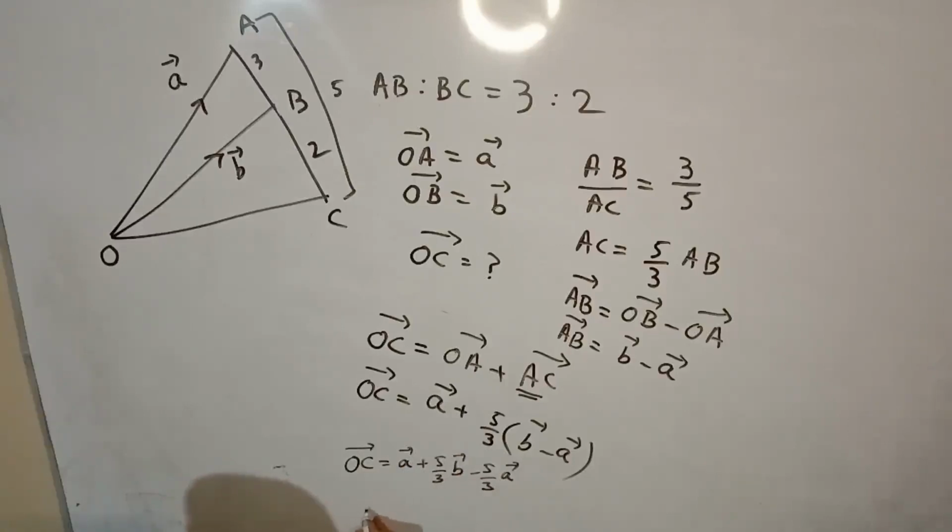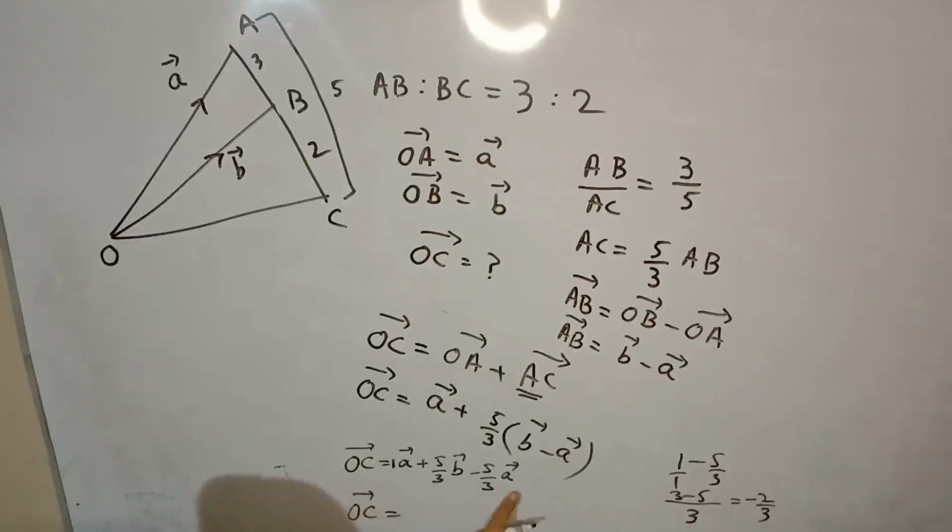Therefore, it can be written as OC is equal to, if we simplify it, this is 1 actually, 1 minus 5 over 3. This is 1 over 1, I take 3 LCM, this will become 3 minus 5, which is equal to minus 2 over 3.